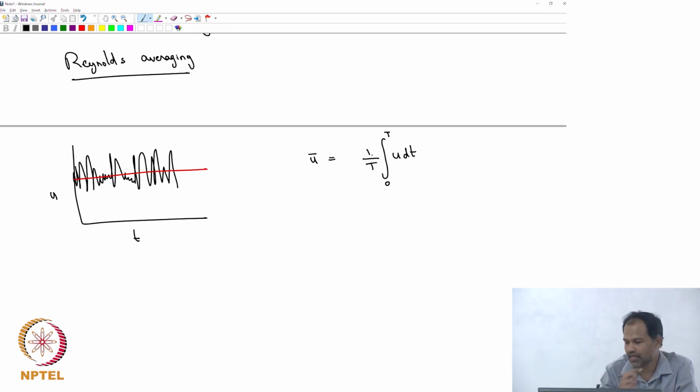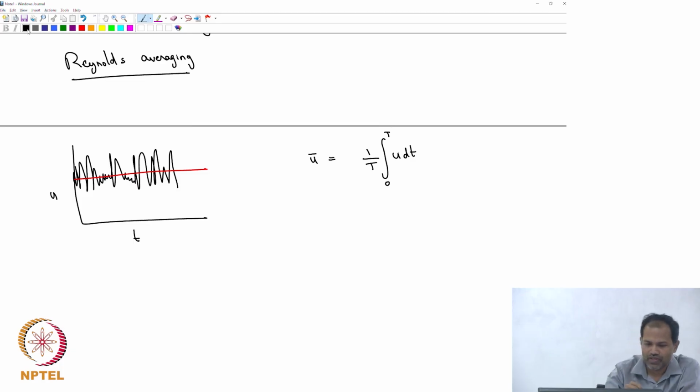So basically I have taken a sufficiently long time interval, keep adding the velocities, and divide by my time period. I am going to get my average velocity. So that's the u bar that I will have.